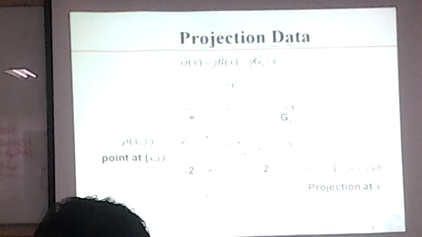So rho of x equals the integral of rho of x comma y dy. That means the acquired data comes from the object in these directions. That means while the gradient is applied, the precession frequencies are the same on the line, right?